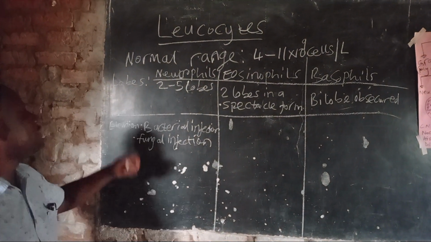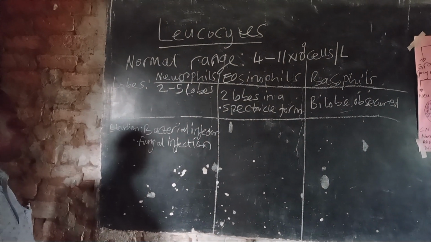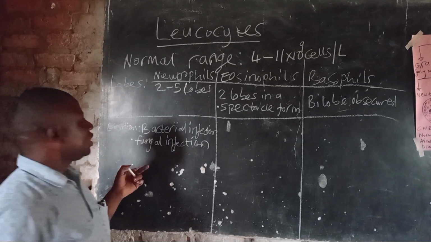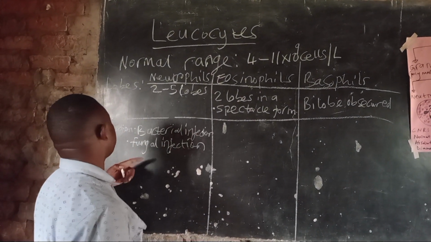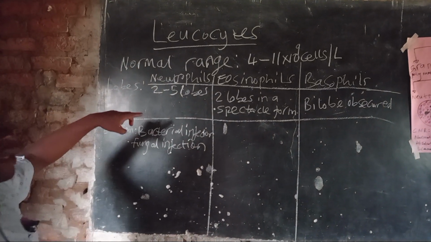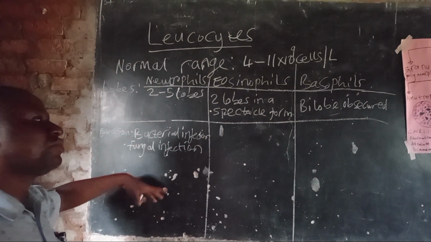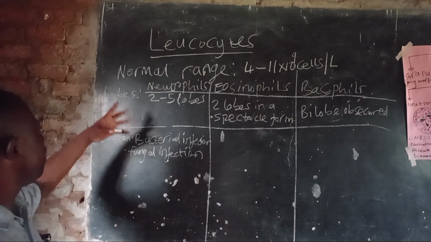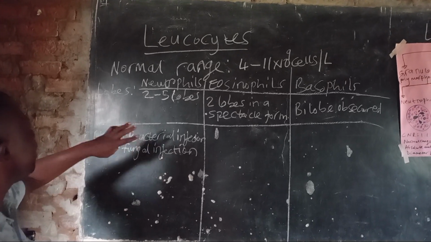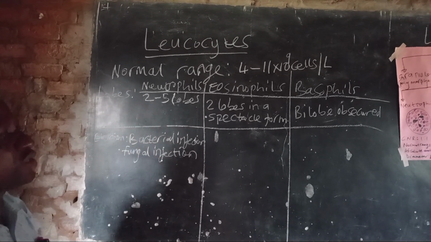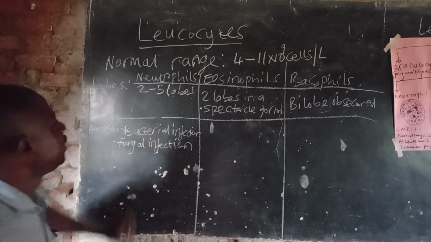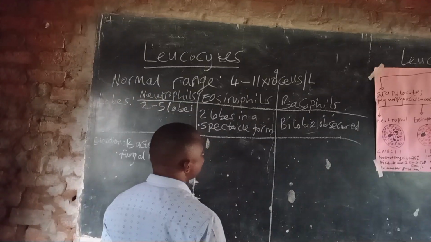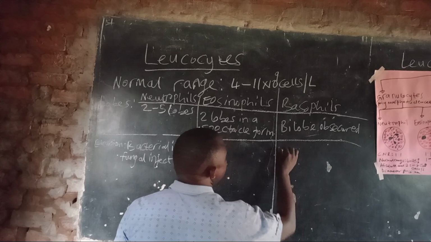Most bacteria like the streptococcus, the staphylococcus, all those ones, lead to the rise of the neutrophils because these ones majorly work on those intruders.